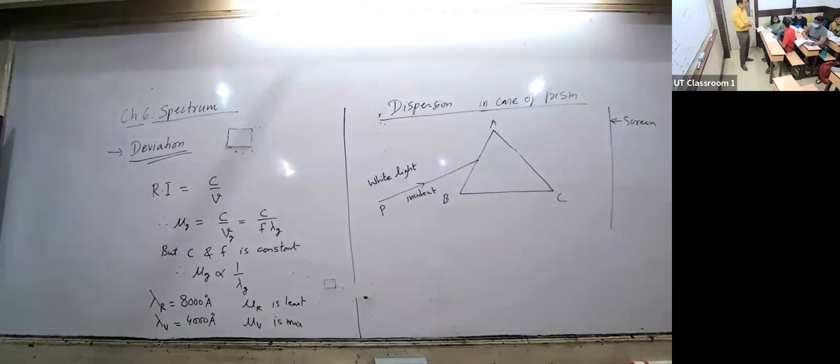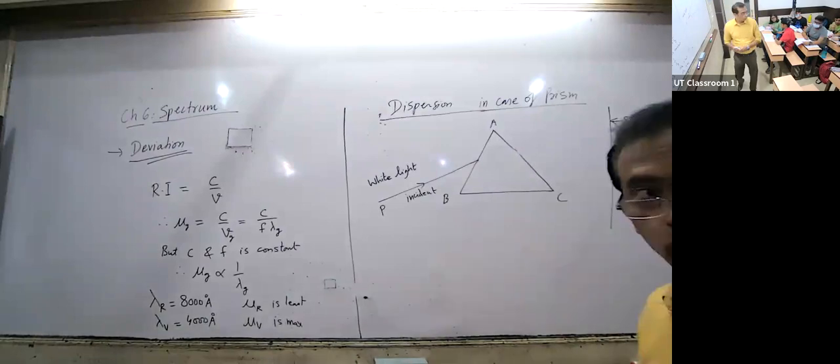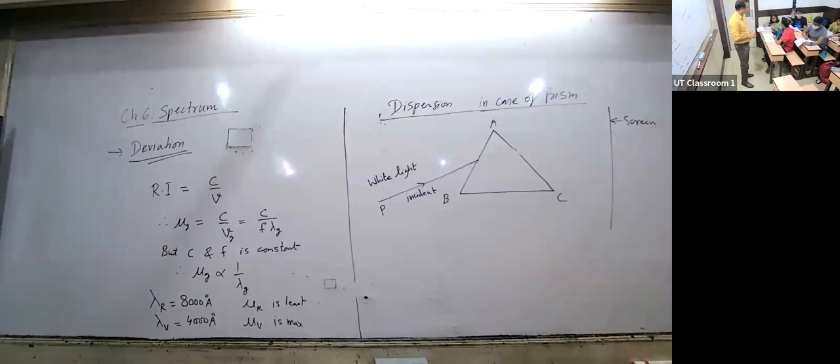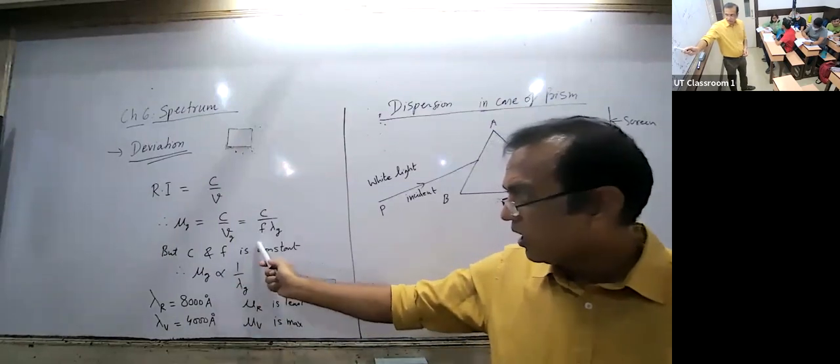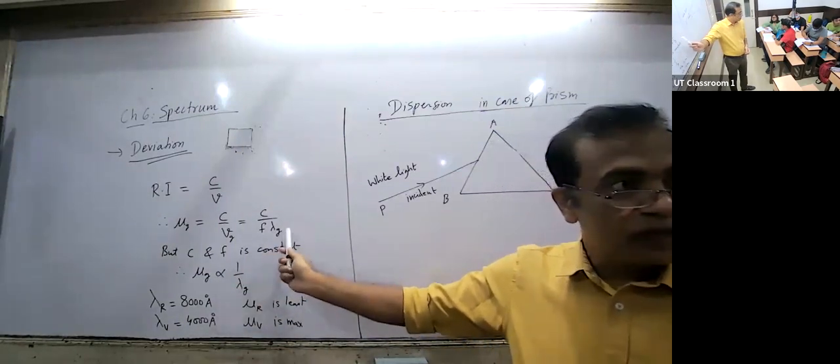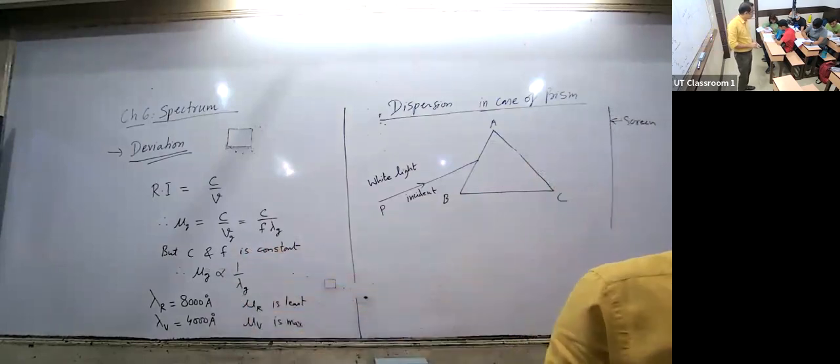So let us understand dispersion now. F is frequency into wavelength.